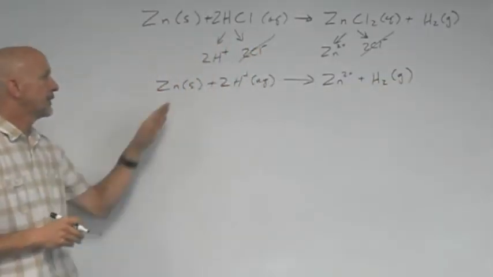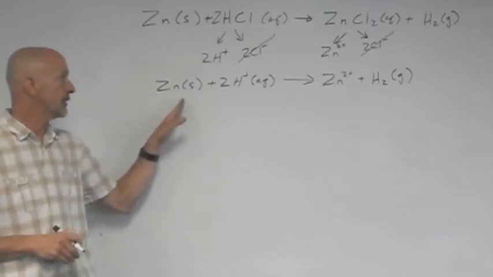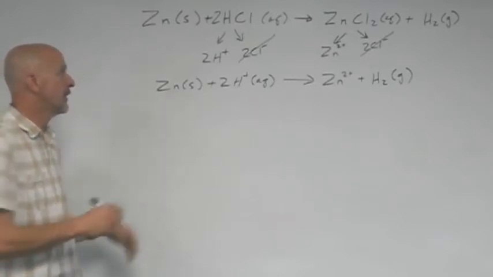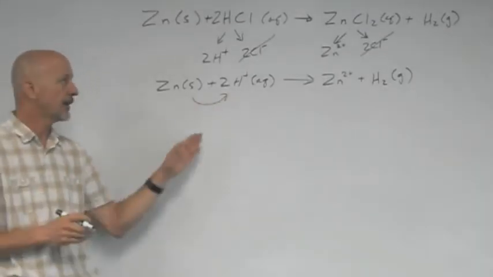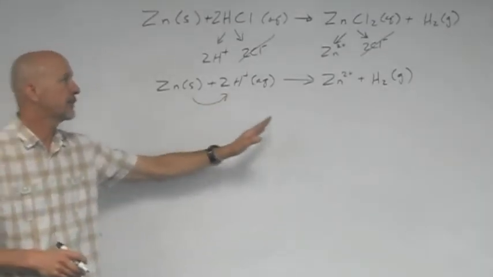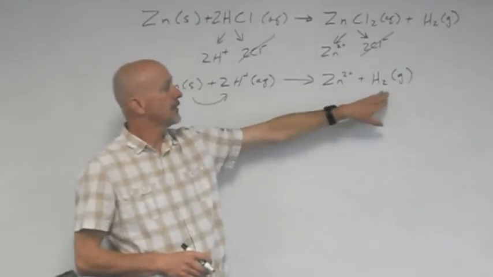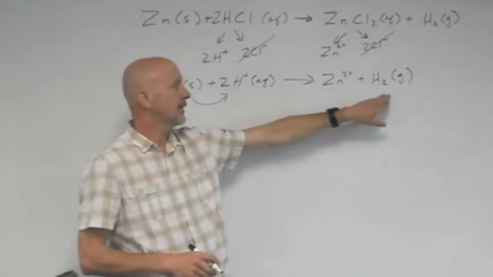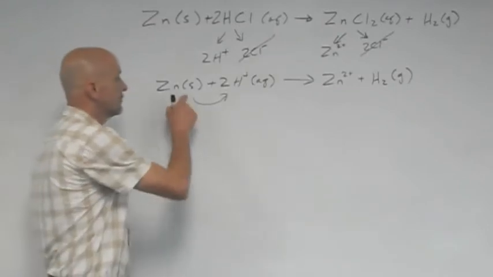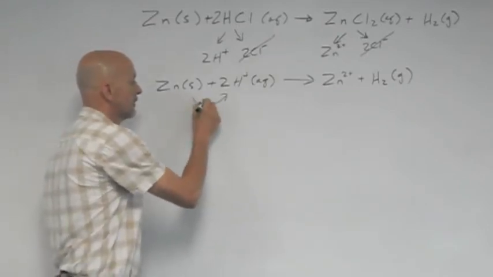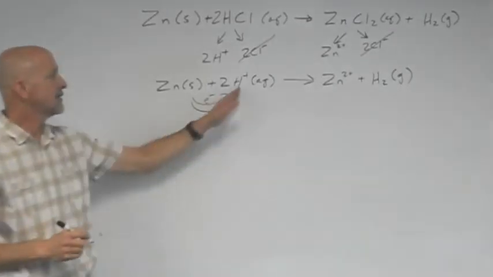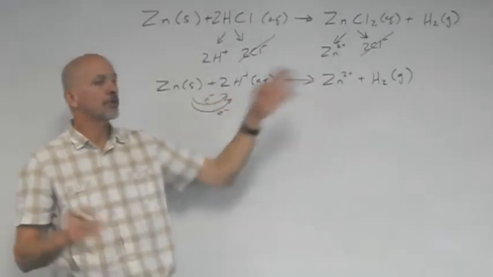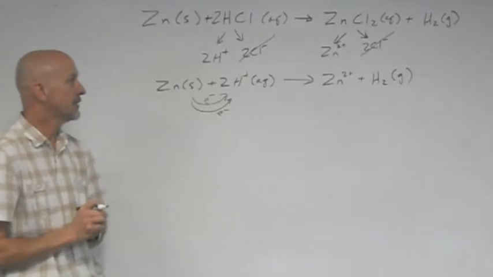In this reaction, again, I have zinc getting oxidized, losing electrons. Electrons are being transferred from zinc, this time to the hydrogen ions. Hydrogen ions, which were positive, become neutral. Hydrogen as a neutral element is a diatomic, a gas. So I've got 2 electrons being transferred. Each hydrogen takes 1 electron, becomes neutral, bonds together to become H2 gas.